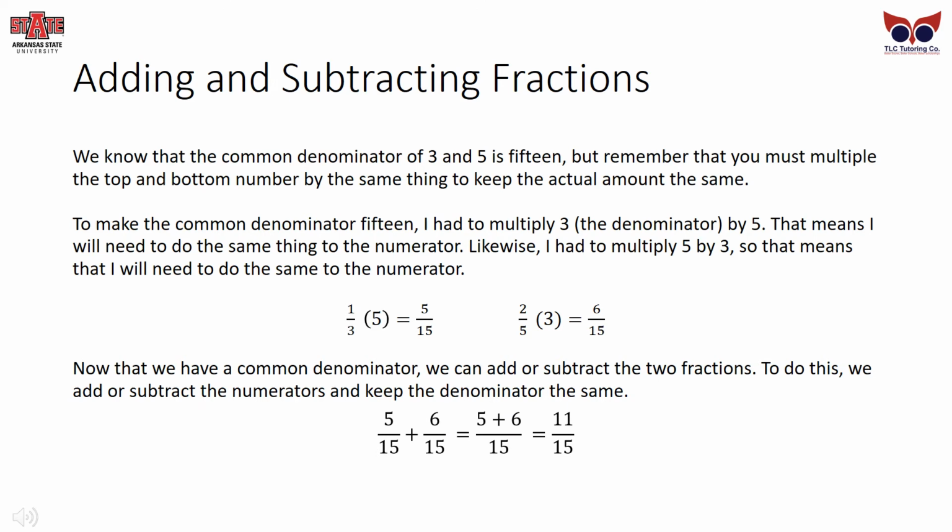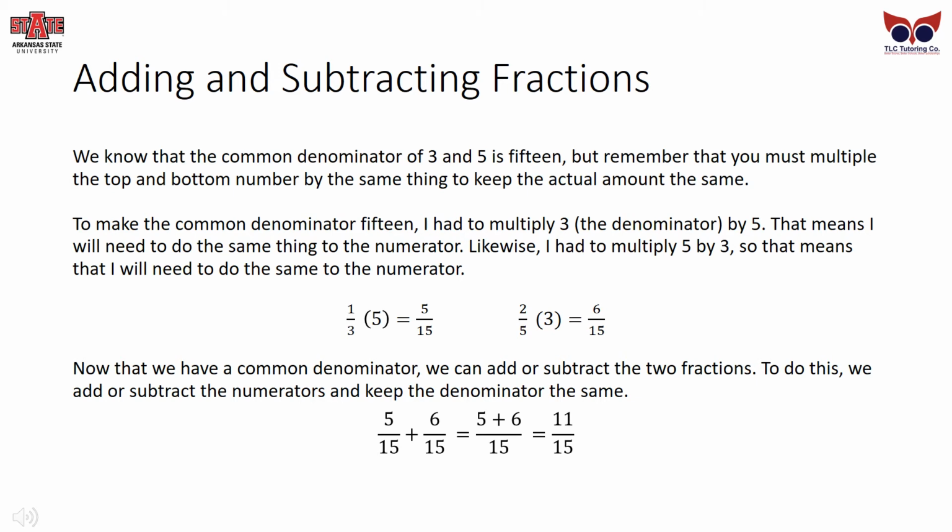We know that the common denominator of 3 and 5 is 15, but remember that you must multiply the top and bottom number by the same thing to keep the actual amount the same. To make the common denominator 15, I had to multiply 3, the denominator, by 5. That means that I will need to do the same thing to the numerator.